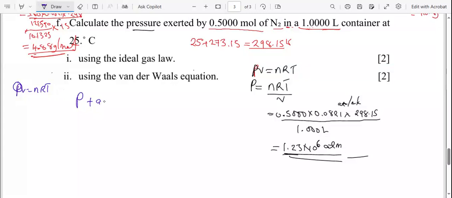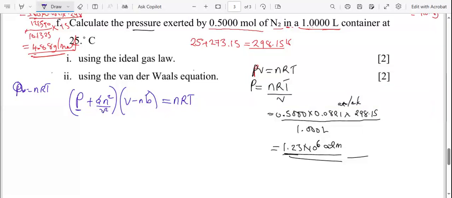So we have a and the moles over volume; that's how pressure changed. Then the volume part also changed, with a constant b. But we don't have the a and the b. Those are the things we are lacking in our equation.